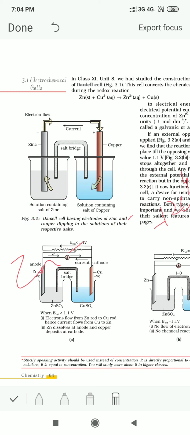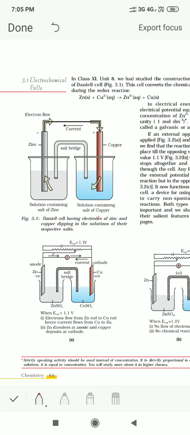Now what happens at the copper electrode? Now at the copper electrode you can see the copper ions which are present in the solution.